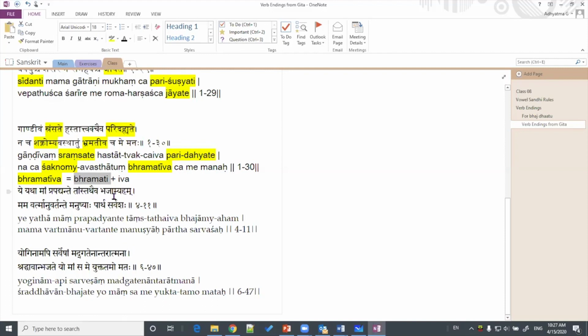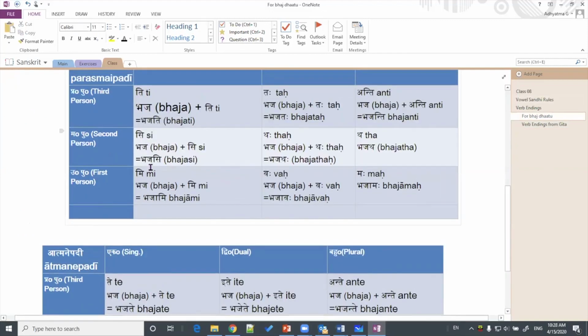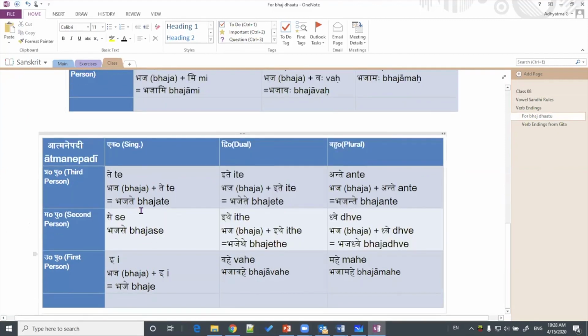Then I wanted to bring your attention here to bhajāmi and bhajate. In the Gita, the same root which we discussed, bhaj. Bhajāmi is the first person singular of Parasmaipadi, and bhajate is Atmanepadi, third person singular.